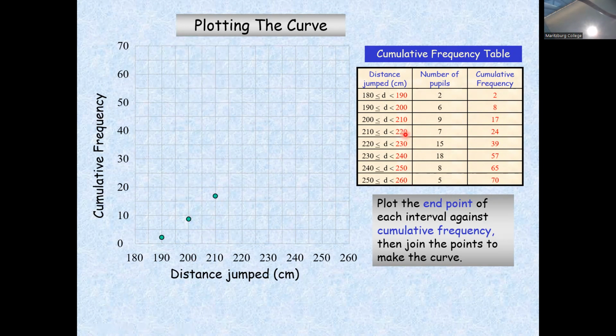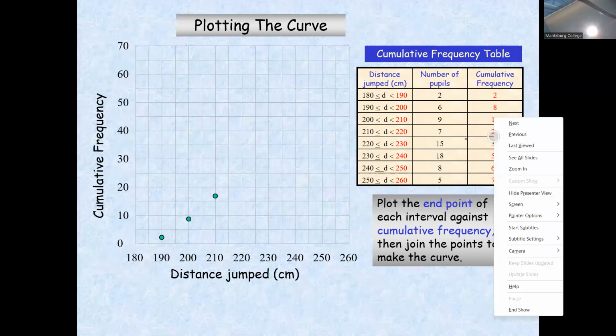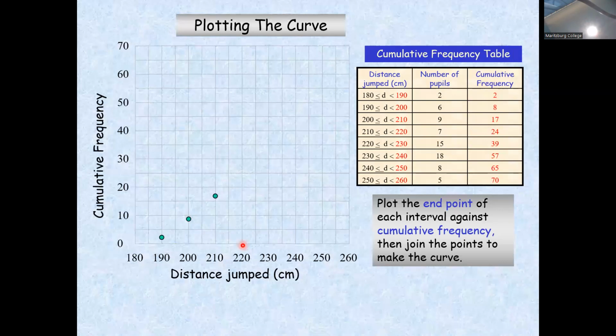The next one we're plotting is 220, 24. So we go to 220, and halfway is 25. So just below that will give us 220, 24. And then we will carry on with this process.